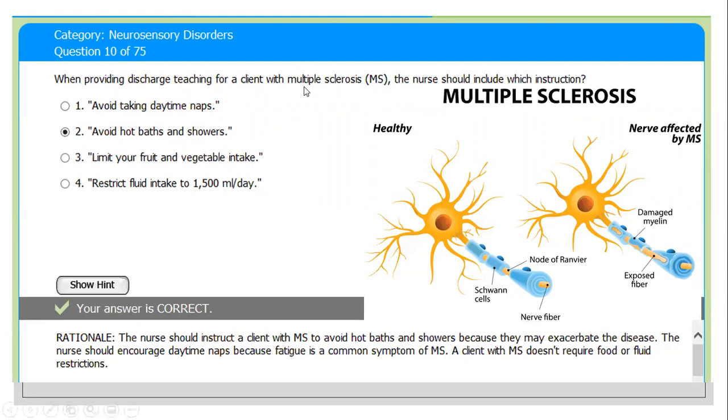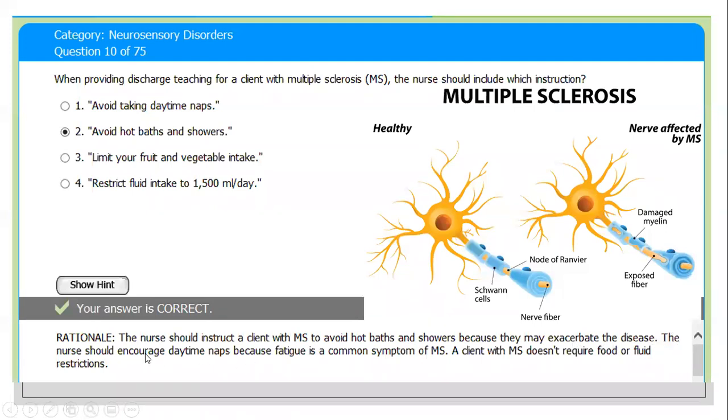If my patient has multiple sclerosis, I do not allow them to go for a hot bath or shower. Why do I not do this? The rationale said the nurse should instruct the client with multiple sclerosis to avoid hot bath and shower because they may exacerbate the disease.